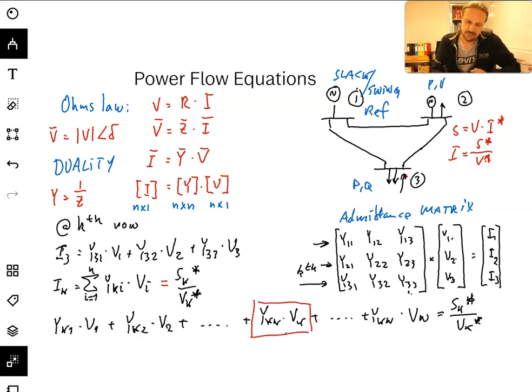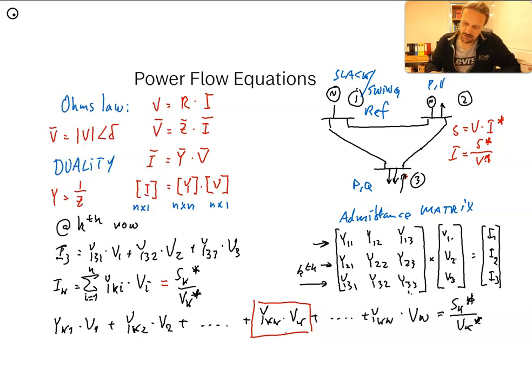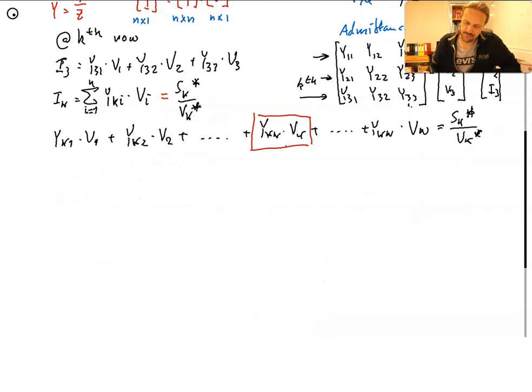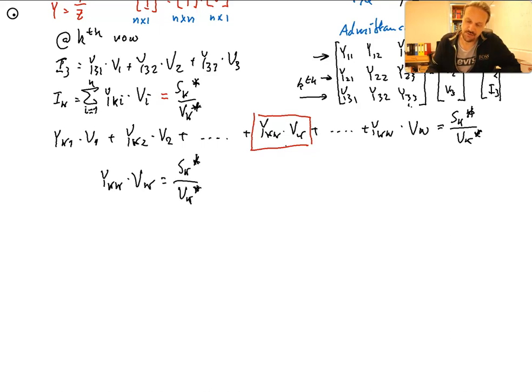So it means that I'm now just going to make some space and then put this on the left hand side. So that's YKK times VK is equal to this SK conjugate over the VK conjugate. But then I have to take minus this expression.